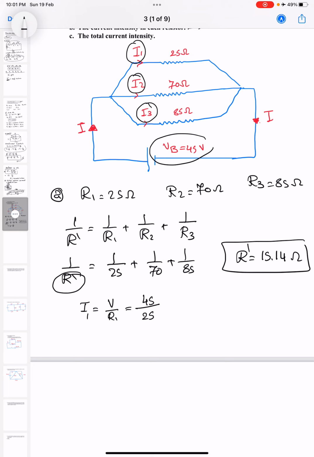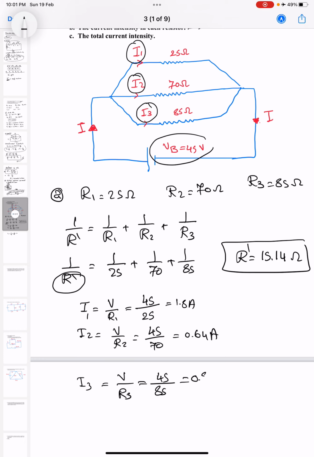By calculator, equal 1.8 ampere. I2 equals V divide by R2 equals 45 divide by 70 equals 0.64 ampere. I3 equals V divide by R3 equals 45 divide by 85 equals 0.53 ampere.